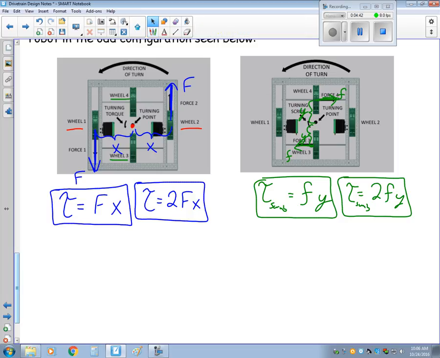Again, you would never build this design. It's a dumb design, but hopefully this helps you to visualize what exactly turning torque and turning scrub are.